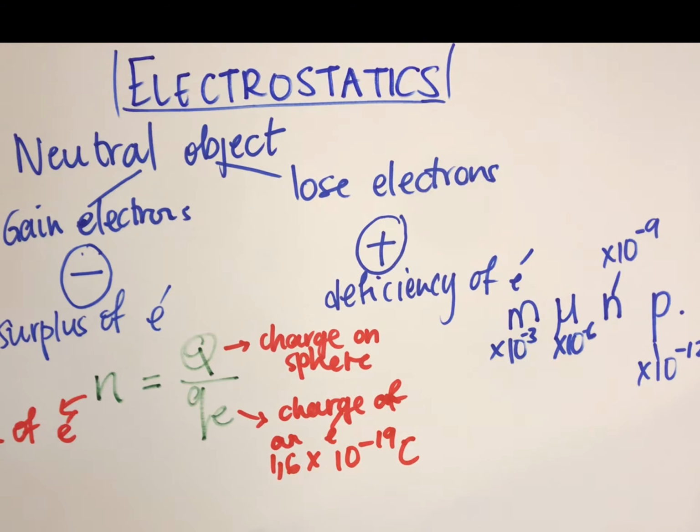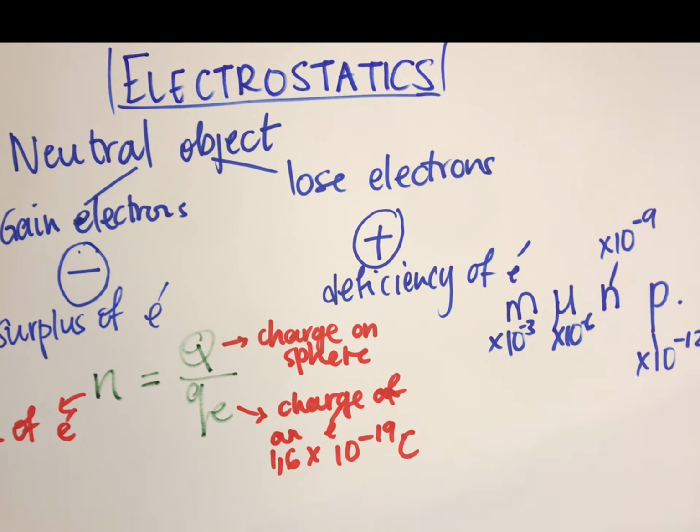So when you have two different spheres, you can either have a situation where they attract each other or they repel each other. So you can have a positive charge and another positive charge, or you can have a negative and a positive charge, right? Now we all know this one.